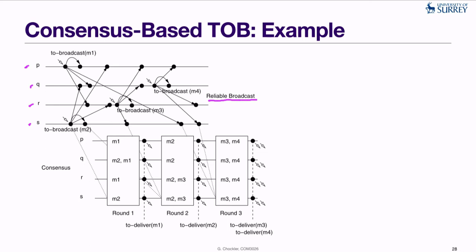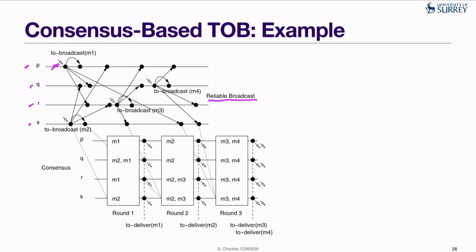The arrows here with the light background are used to represent the total order broadcast requests submitted by the upper layer. Okay, so let's see what happens.